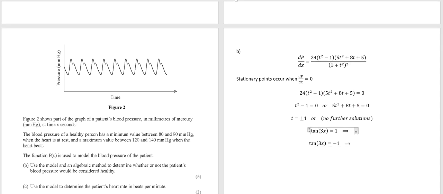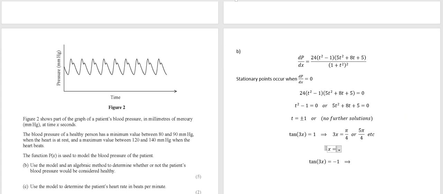Now, tan of 3x equals 1, that's going to give us values for 3x that correspond to inverse tan of 1. If you don't remember, feel free to use the calculator, but inverse tan of 1, we're thinking about a right-angled triangle where the opposite and the adjacent are the same. So we get a 45-degree angle or a pi by 4. But that's not the only one, of course. You can add multiples of pi to generate more.